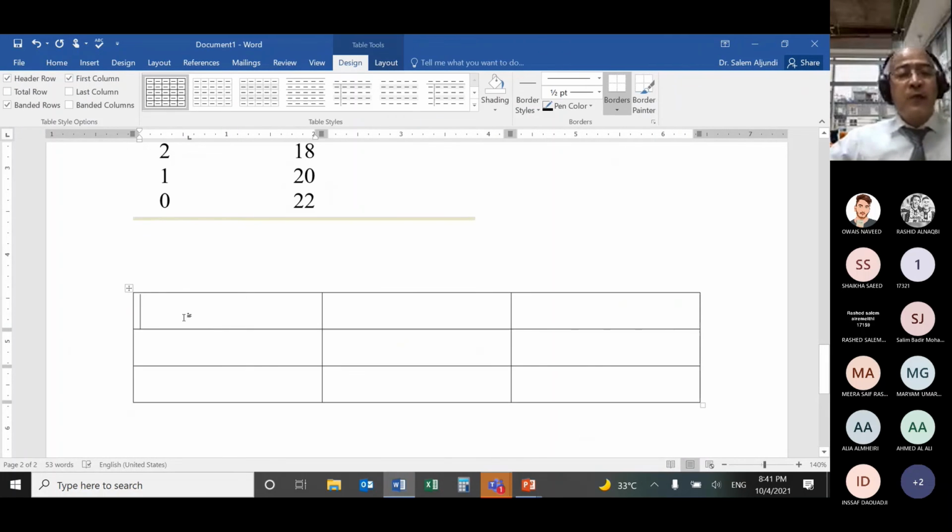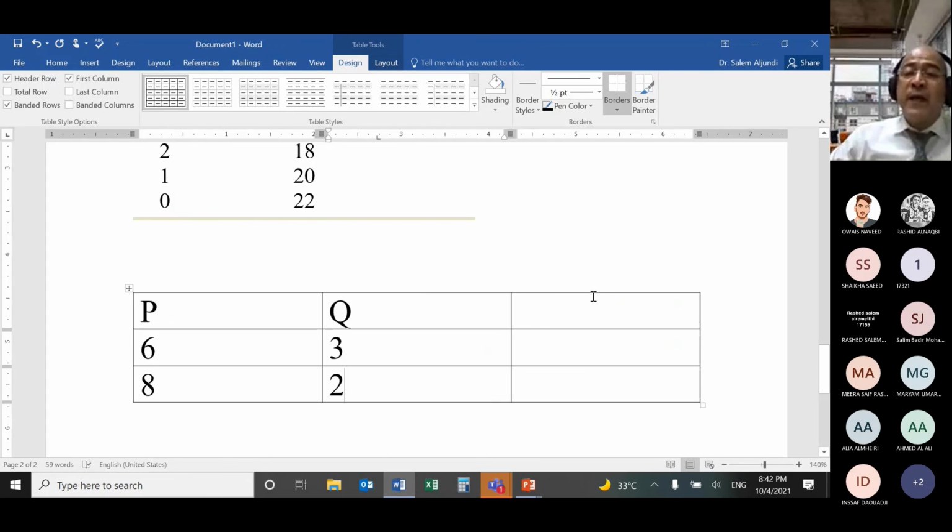So here I will put the price, here the quantity. The price was 6, increases to 8, and the quantity demanded at 6 dirhams is 3 units, and at 8 dirhams becomes 2 units.